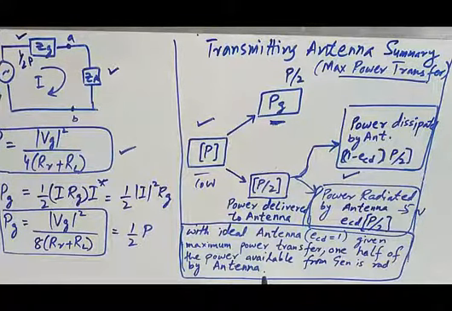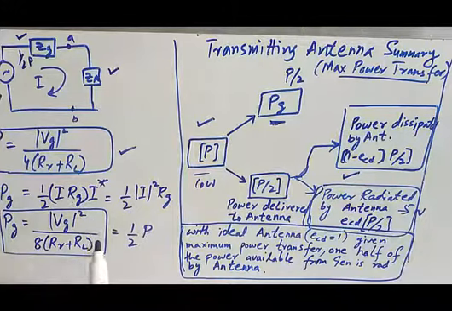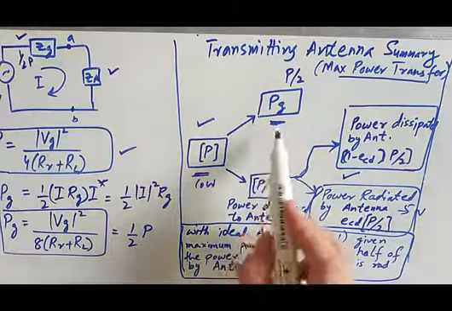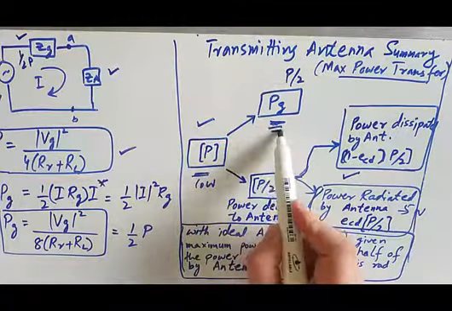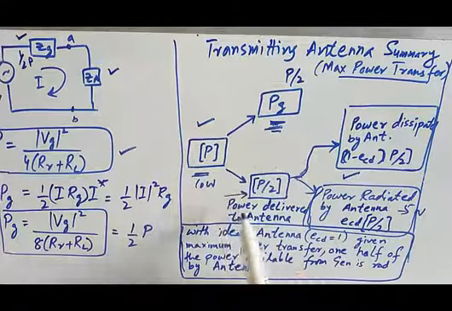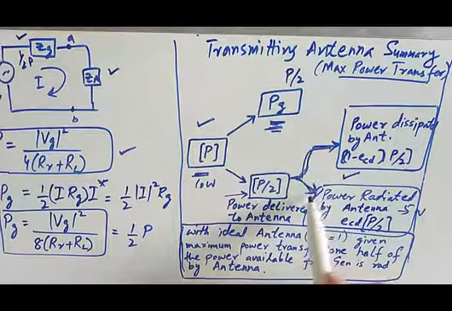So that's the whole summary of the antenna impedance, and also the impact of the antenna impedance and the maximum power transfer on different powers that are generated and available from the source, and then dissipated in the generator, and then delivered to the antenna, and then after that, with the losses, it reduced to the half.